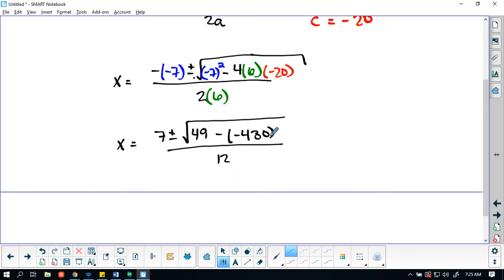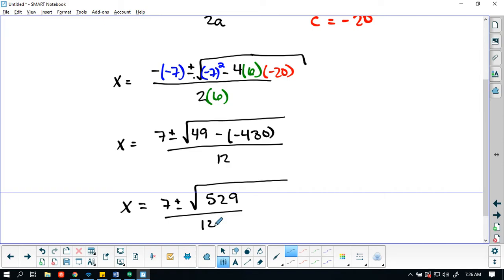A negative times a negative gives us that positive. So we have 49 plus 480, which is going to be 529.